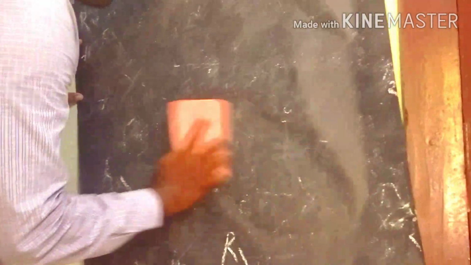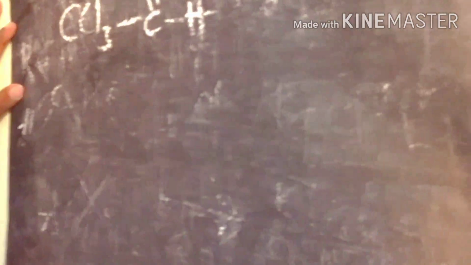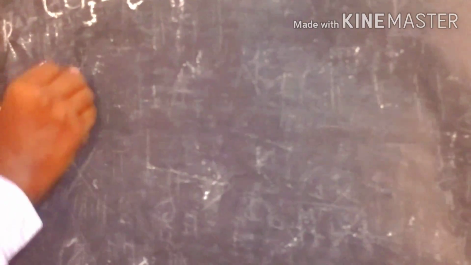First of all, we start with chloral. Addition of water. The simple example, chloral, CCl3, trichloroacetaldehyde. It is also called trichloroacetaldehyde. Addition with water.